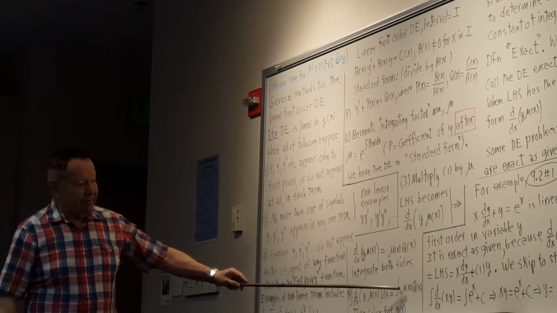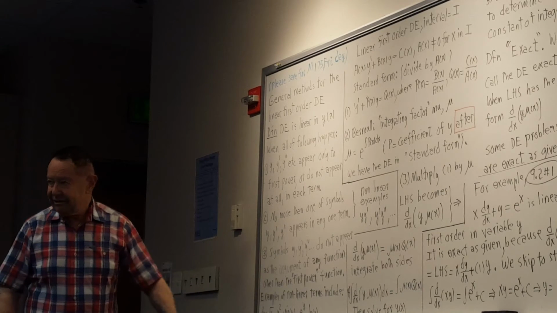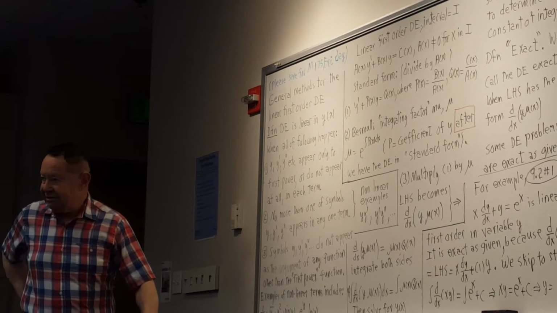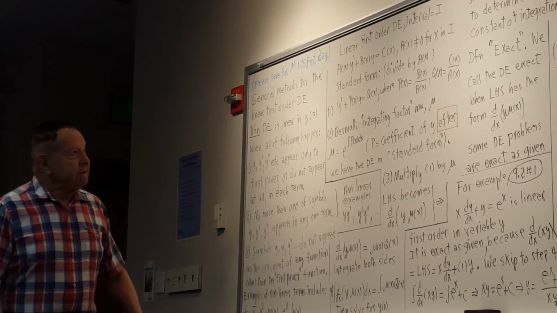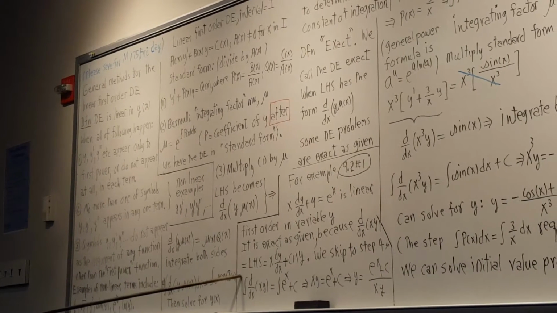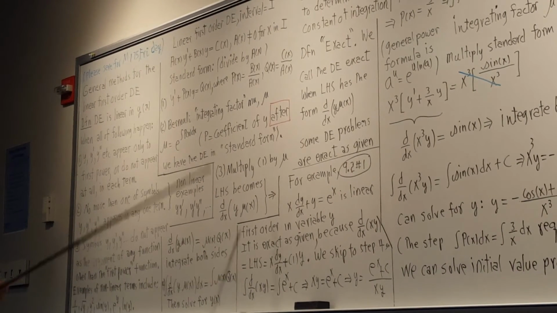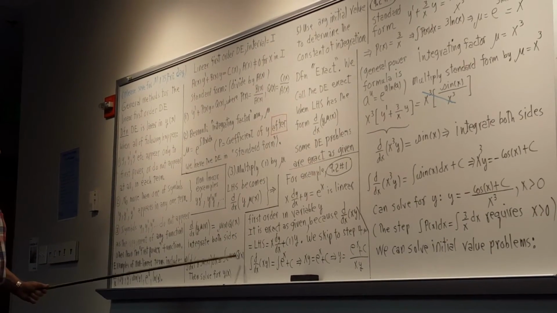The issue would be whether or not this is an integral you can do in the sense of this class, but in all the problems you have, it will be. And then if you put on a plus constant, and then if you have any initial value, you can use that to determine the constant.